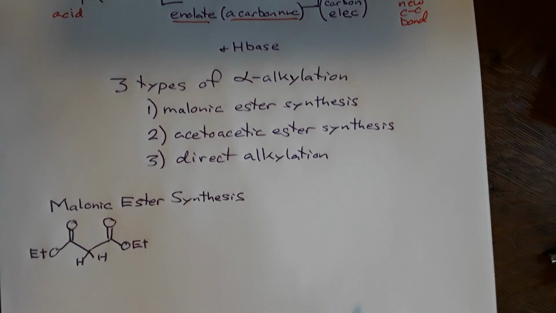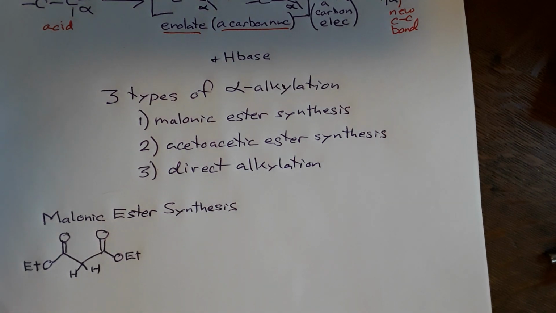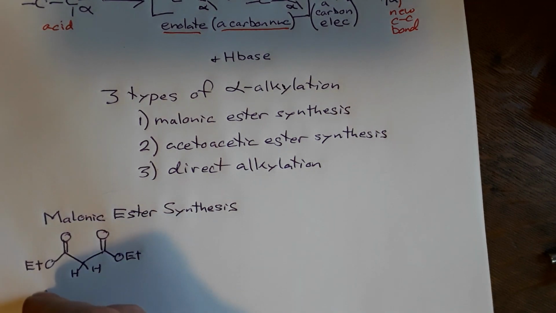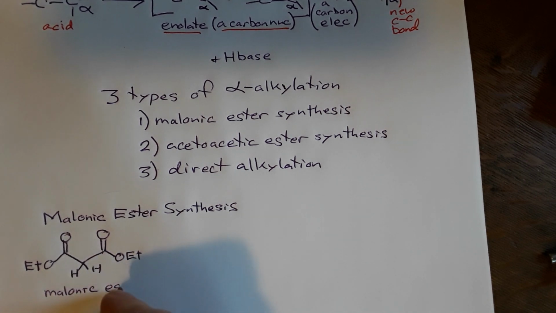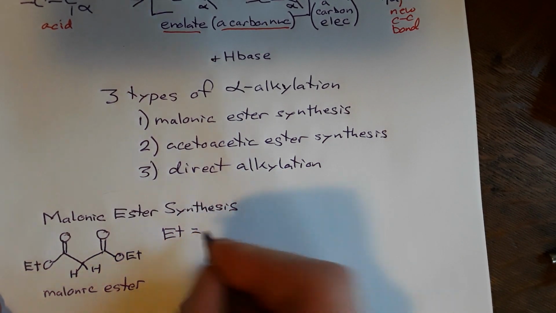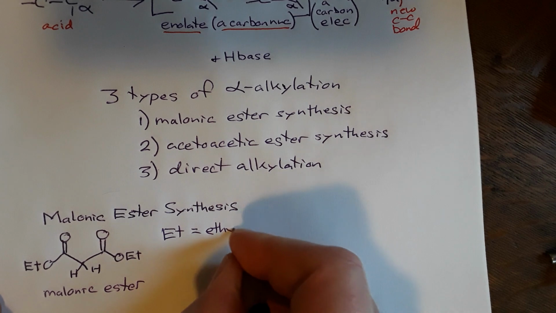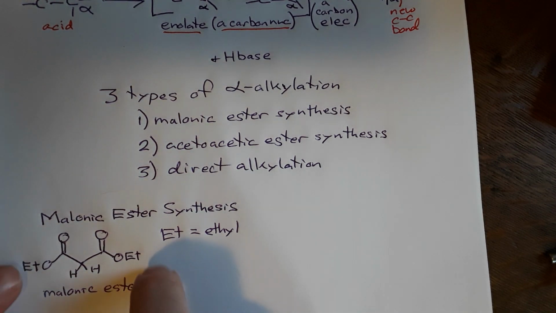So the first one is malonic ester synthesis, and this compound that is drawn here is known as malonic ester. And we will be using Et as an abbreviation for an ethyl group, so we don't have to write CH2CH3 every single time. First of all, where does the name malonic ester come from?